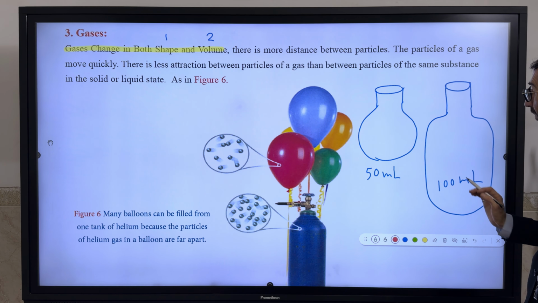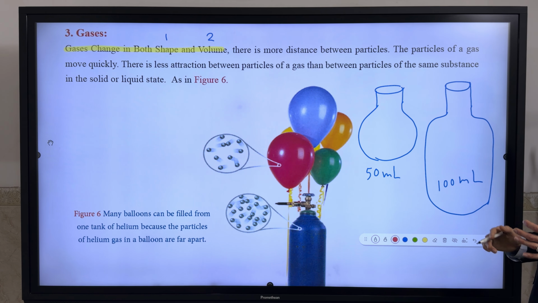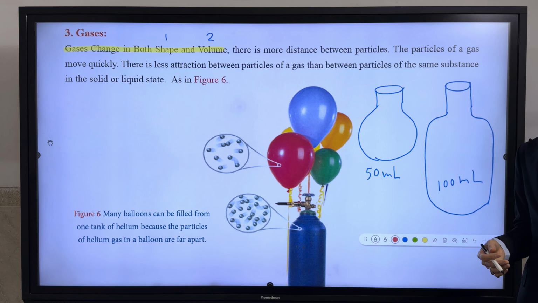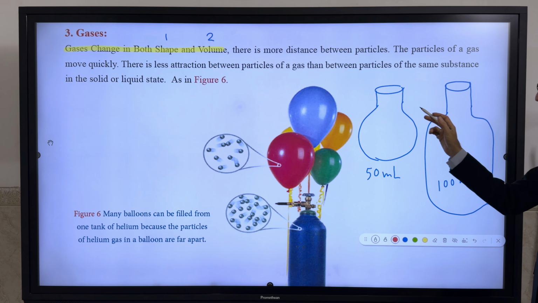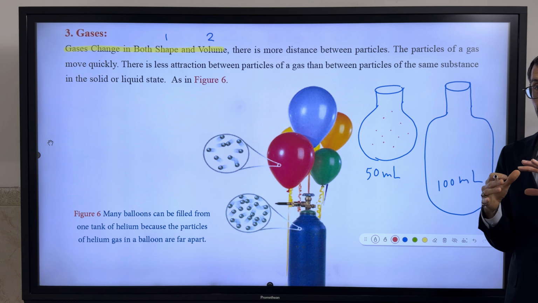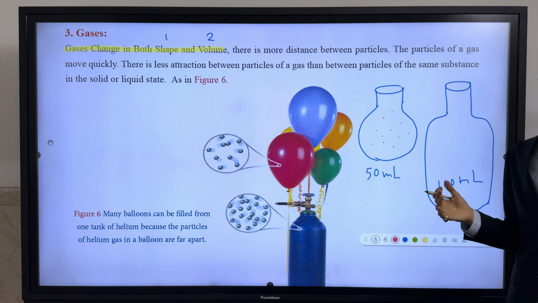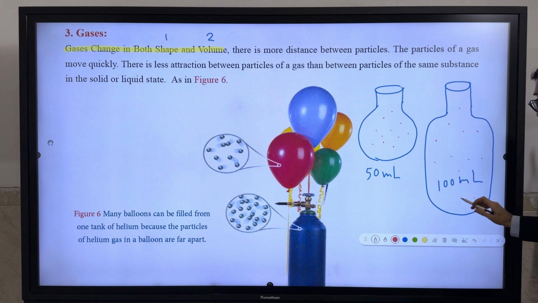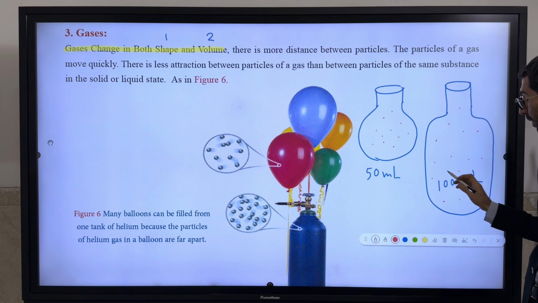Whenever you fill each tank with any gas, by helium, by propane, by LPG, by anything, the gas occupies the whole volume.